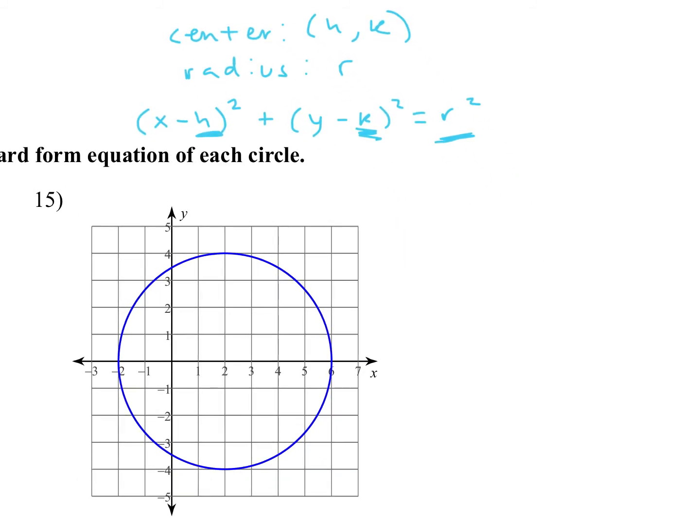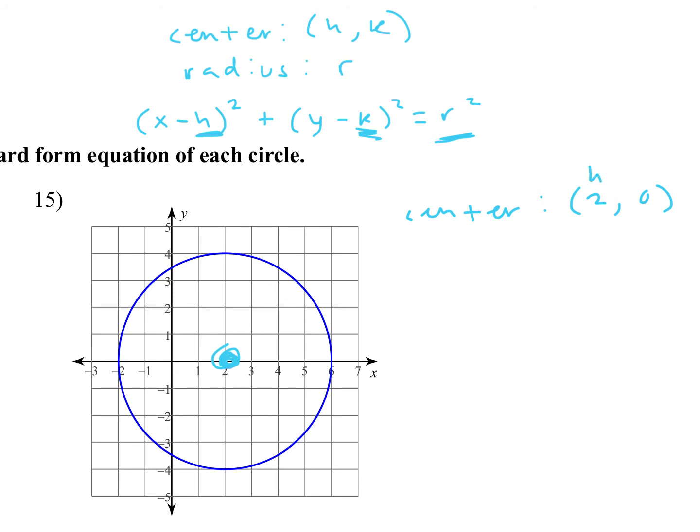So let's look at 15. Our center is this point right here. So our coordinate point for the center would be 2, 0, because we go to the right 2 and stay on 0. So just be careful that you guys know how to plot a point and you know what your x and your y are. So we have our center.